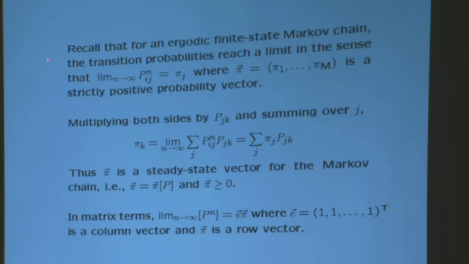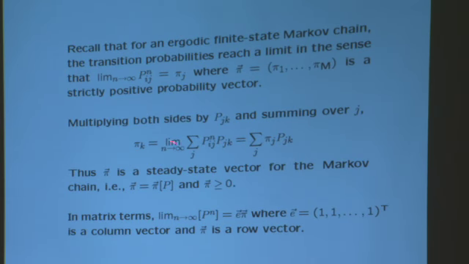If the limit as n goes to infinity exists, then the limit as n plus 1 goes to infinity is clearly the same thing. So this quantity is the sum over j of pi sub j, P sub jk, and this quantity is equal to pi sub k, just by definition. So pi sub k is equal to the sum of pi j, p jk.